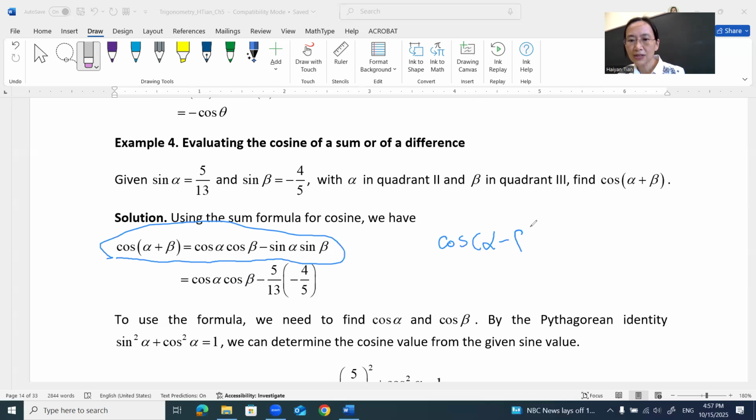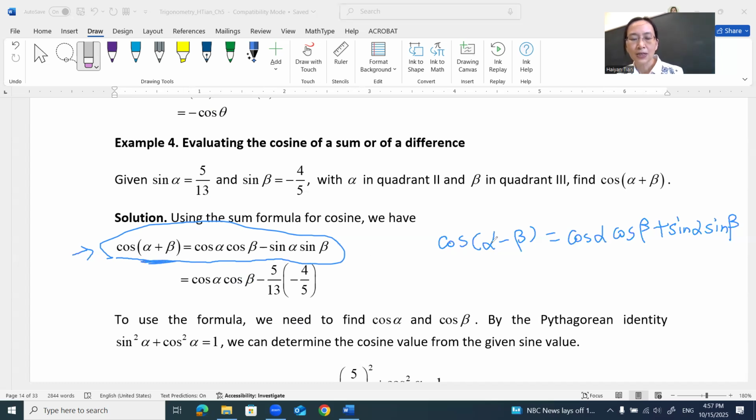We started with the difference, which is cosine alpha, cosine beta, plus sine alpha, sine beta. Then from the cosine of a difference, we derived the formula for the cosine of a sum, just by rewriting the sum as a difference.